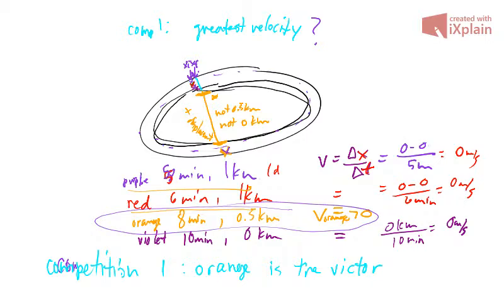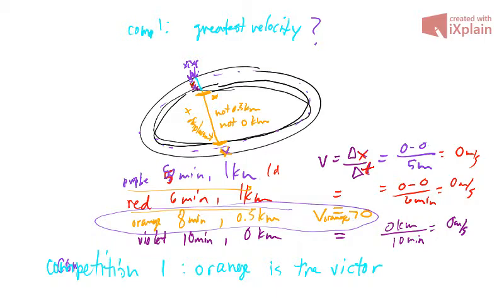Okay, so this is how distance and displacement are so different. It just seems like calling the orange the victor kind of misses the entire point of the race. And really it does. So this is why it matters whether you're talking about speed and distance or displacement and velocity.